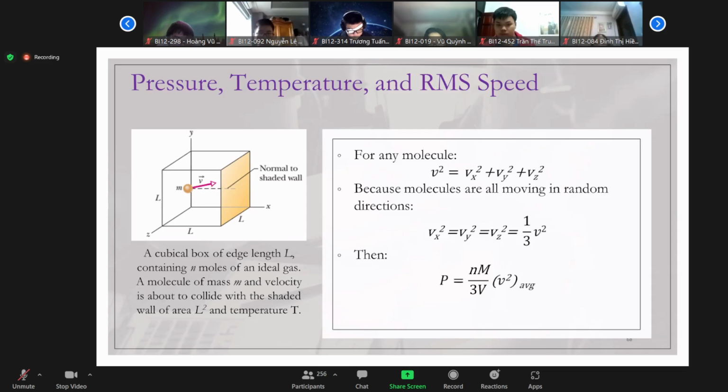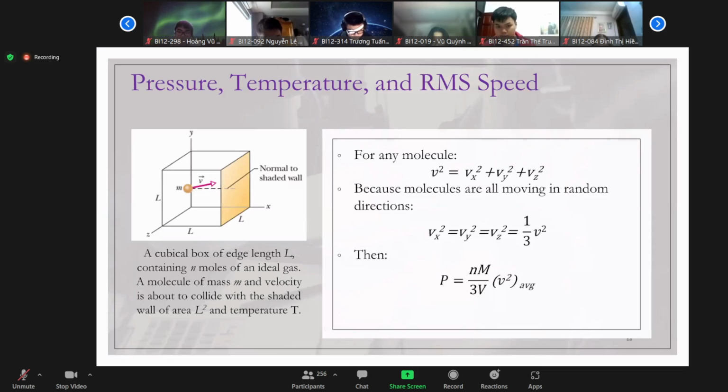Then we can rewrite the pressure, the total pressure applied on any wall, in any direction, like this one. Okay, do you still follow me?